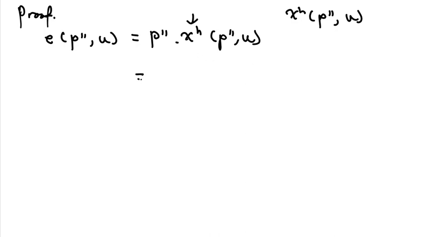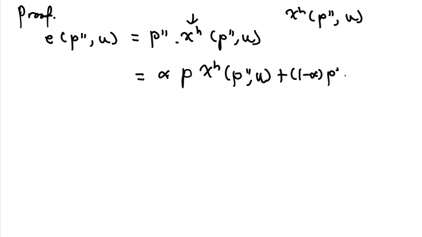This one is actually equal to this: alpha P, Hicksian demand, plus 1 minus alpha P prime, Hicksian demand at P double prime.